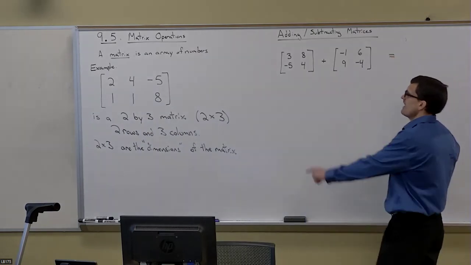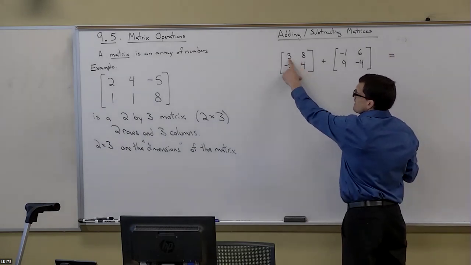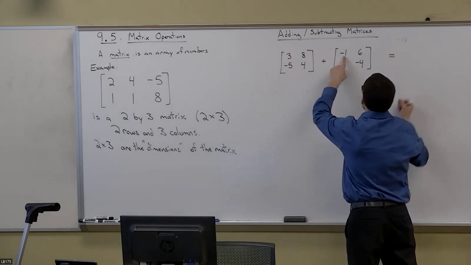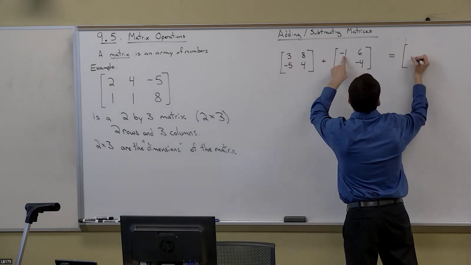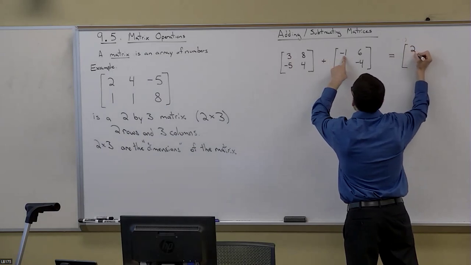Meaning, I'm going to take the entry that's in the first row and first column, and I'm going to add it to this entry, which is in the first row and first column. That'll give me a 2.